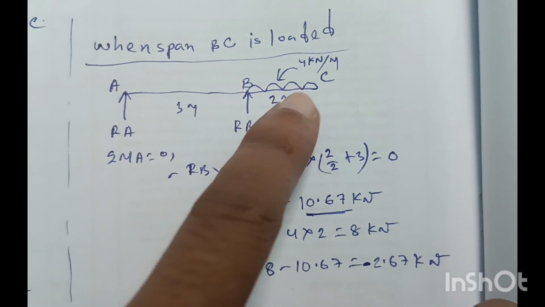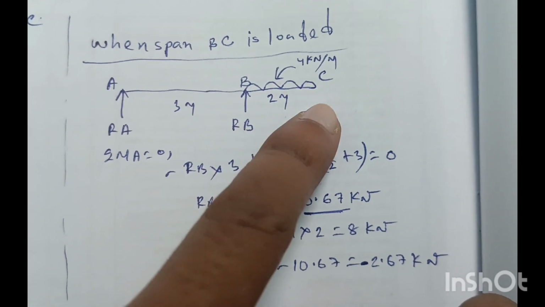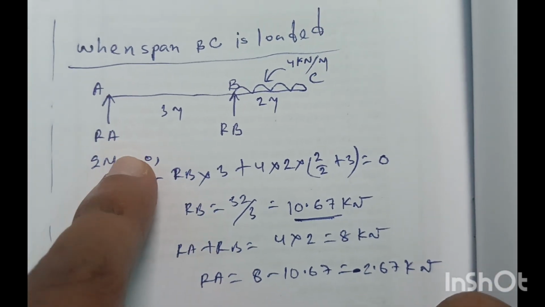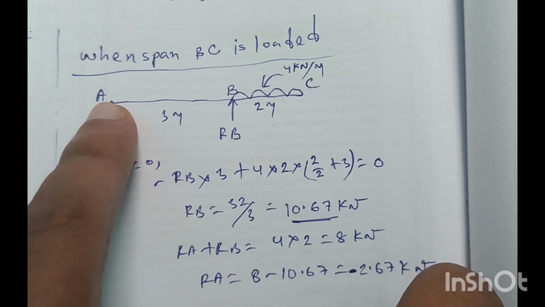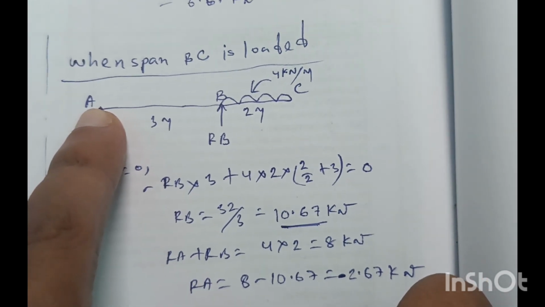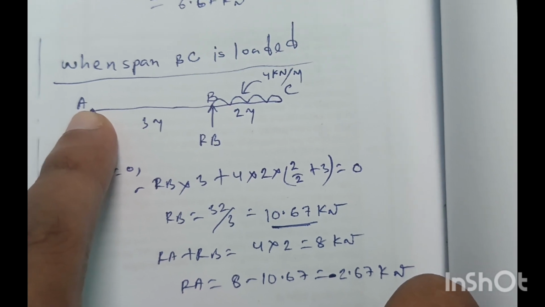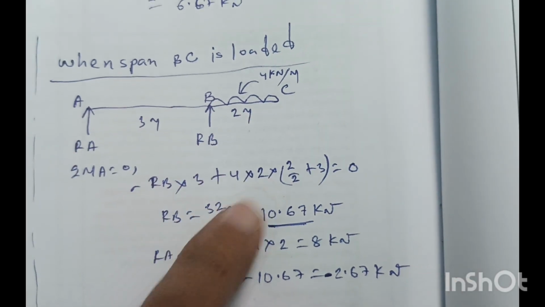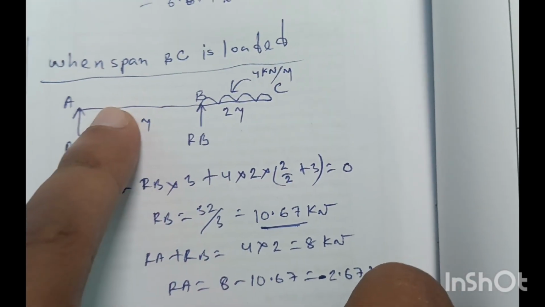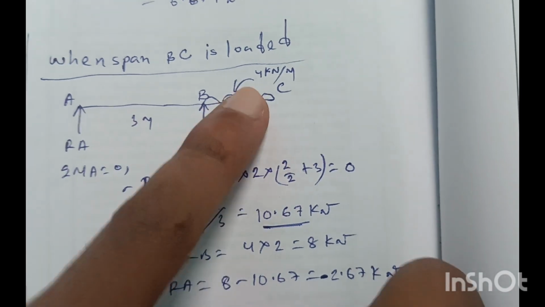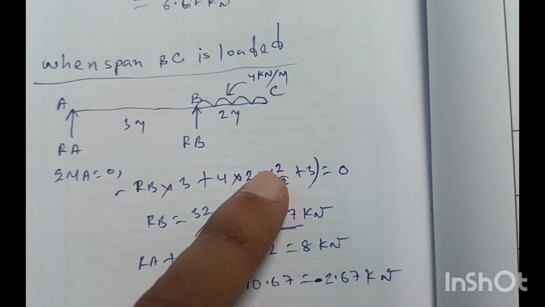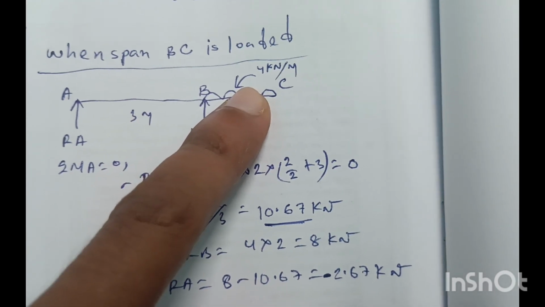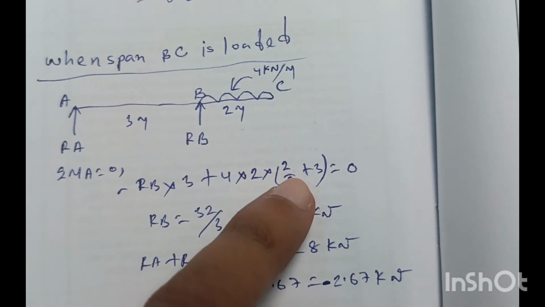BC span is loaded with the same loading intensity of 4 kN per meter, and by equilibrium, if we take moment about point A, the summation of moments equals 0 at point A. Now if we take moment at this point, the reaction force is trying to rotate in the anti-clockwise direction, so RB into 3 but in the minus direction as it is anti-clockwise, plus the load which is trying to rotate in the clockwise direction with respect to point A. So this bending moment will be 4 into the span 2, into the center of the span which is 2 by 2 plus the distance from the center of the span to point A, which will be 2 by 2 plus 3, equal to 0.